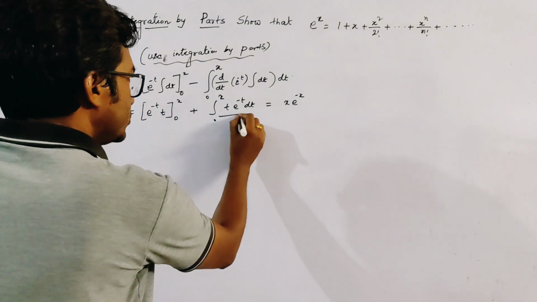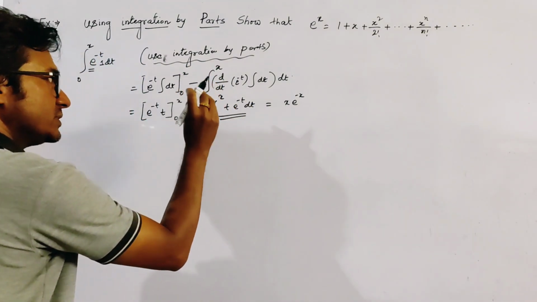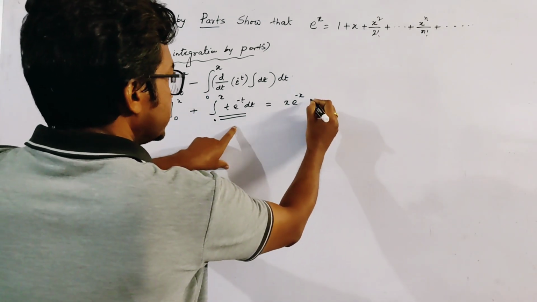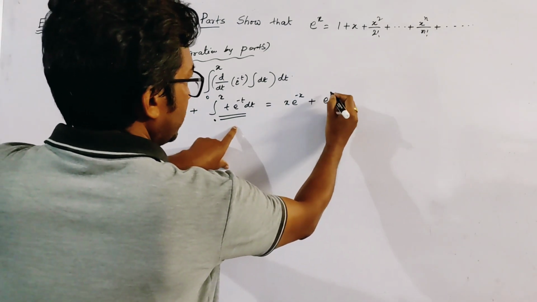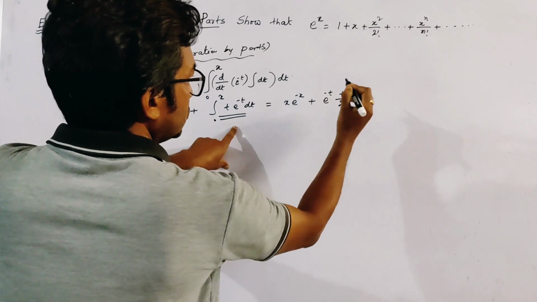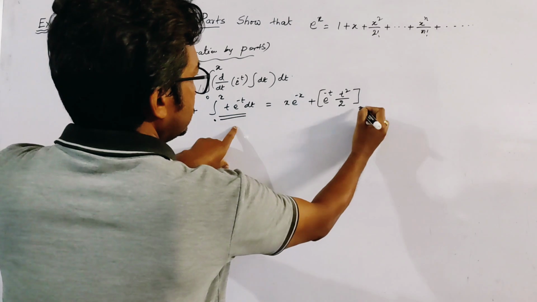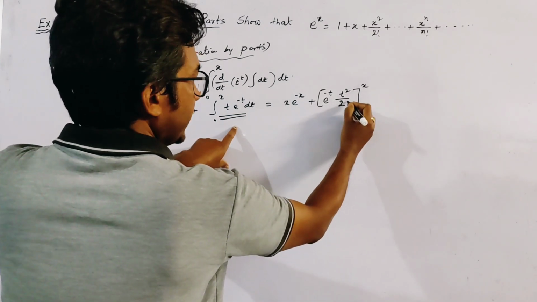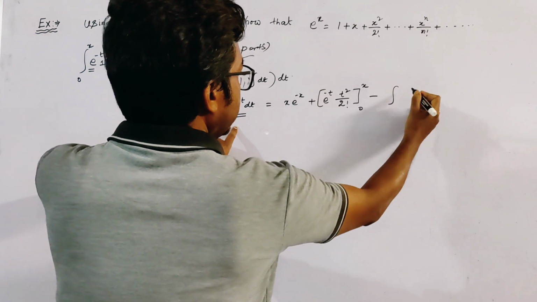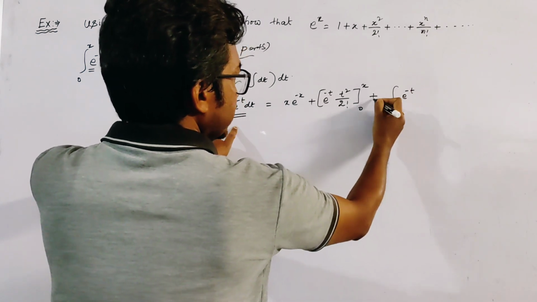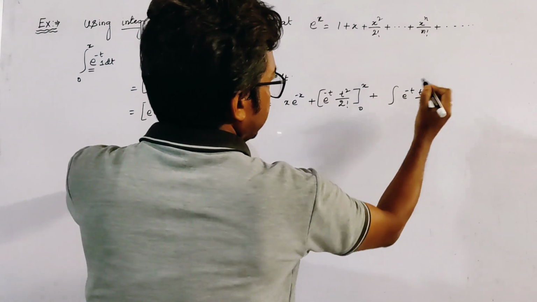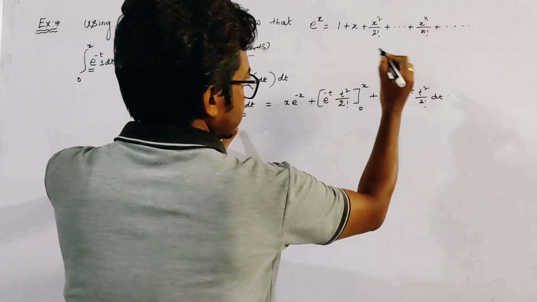Now we use integration by parts successively in the second term, and we get the result as e to the power minus t into t square by factorial 2, the range is 0 to x, minus integration e to the power minus t, this is plus, and t square by factorial 2 dt, the range is 0 to x.